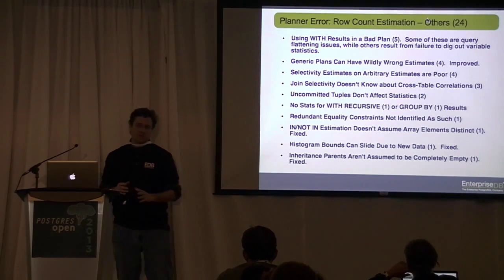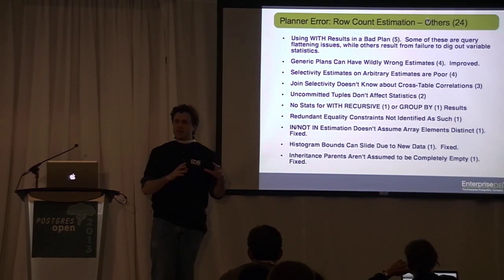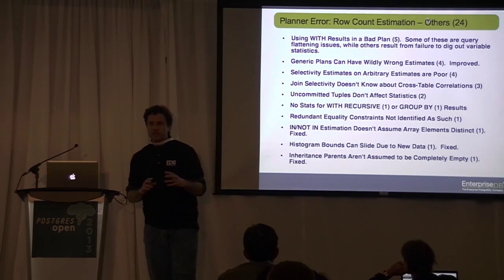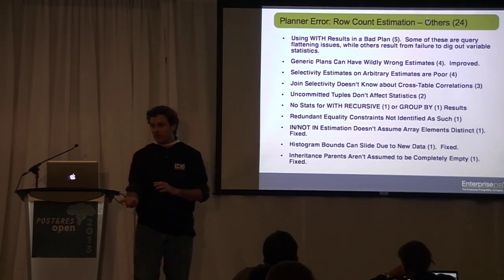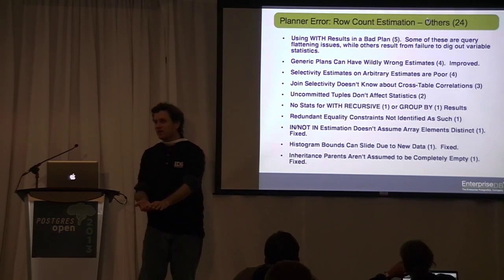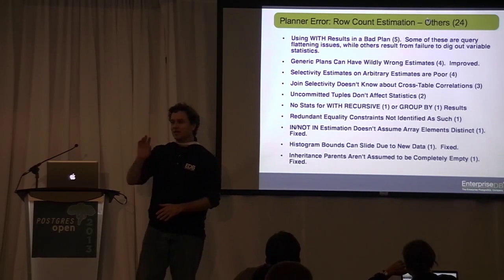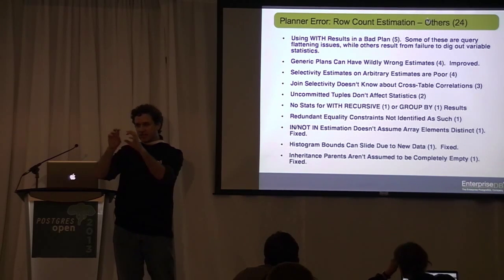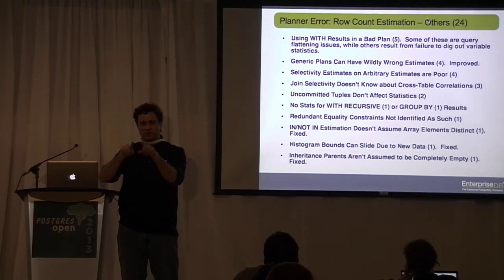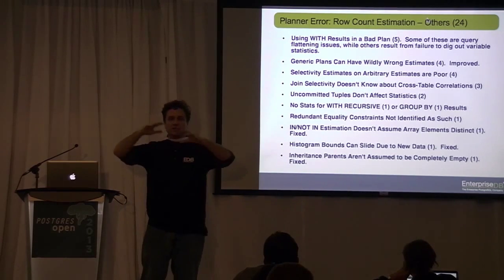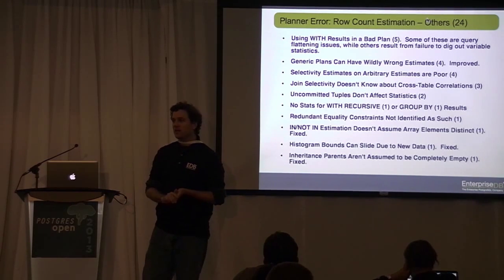People sometimes think that they can use WITH to make their queries more beautiful, and it does, but it also makes them slow, because we can't do as good a job planning little pieces of the query individually as we can planning the entire query as a unit.